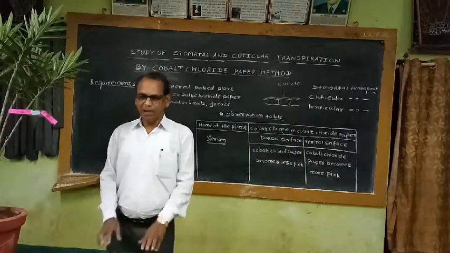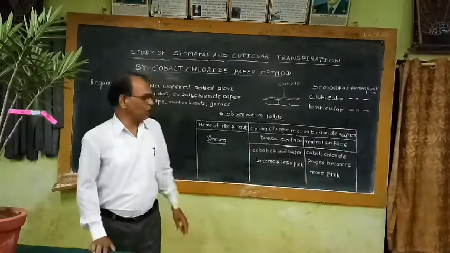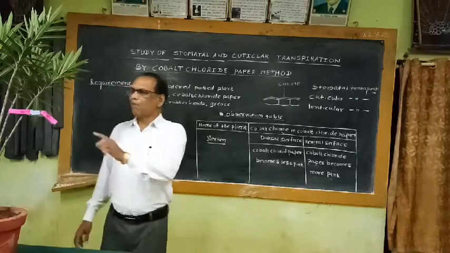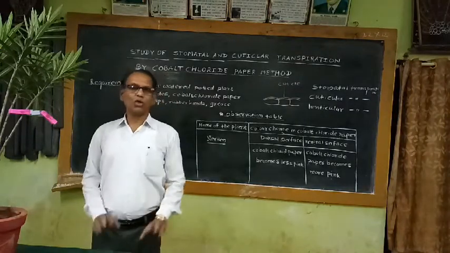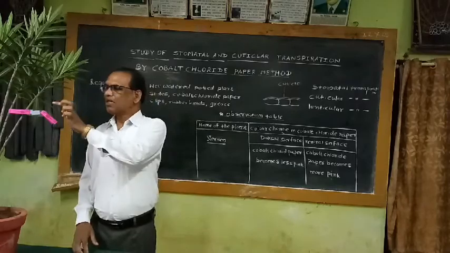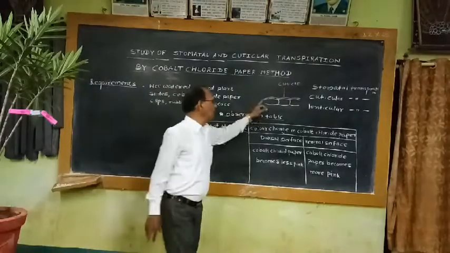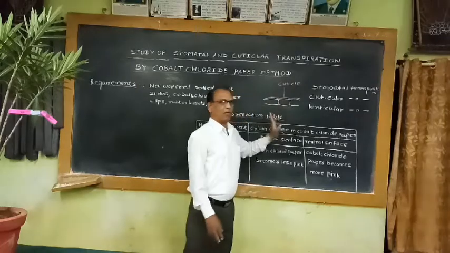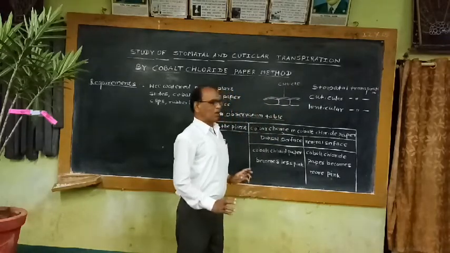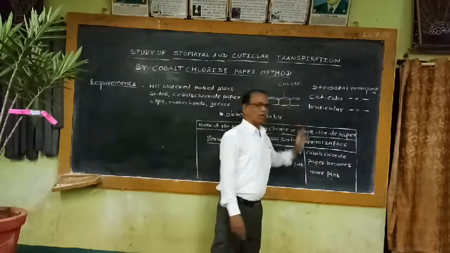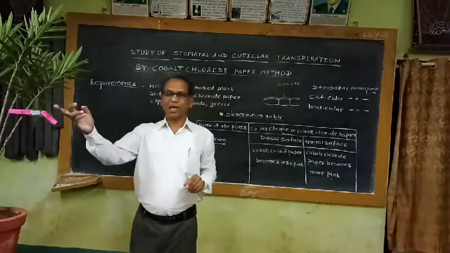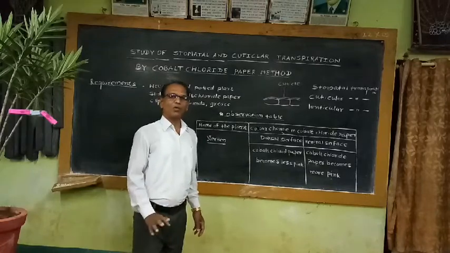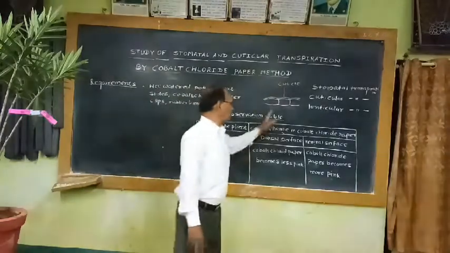We can conclude that stomatal transpiration is more than cuticular transpiration because the upper surface of the leaf lacks stomata. That means the upper surface of the leaf is covered with cuticle and transpiration takes place from the upper surface of the leaf through only the cuticle. On the other hand, the lower surface of the leaf possesses stomata, and these stomata take part in transpiration and removal of water takes place through the stomata from the lower surface.